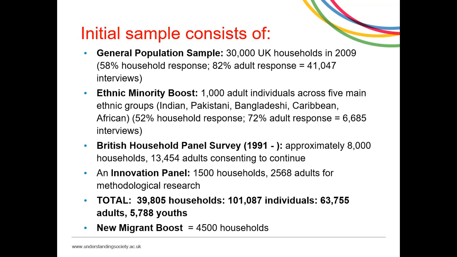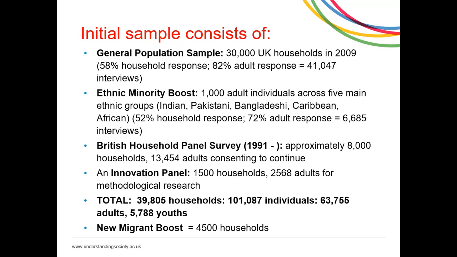It's 30,000 households, and we've got families across the UK, as I said. There's an ethnic minority boost. There's actually two minority boosts in the survey. So we've got an ethnic minority boost, which is established ethnic groups, really. Indian, Pakistani, Bangladeshi, Caribbean, African ethnic minorities.